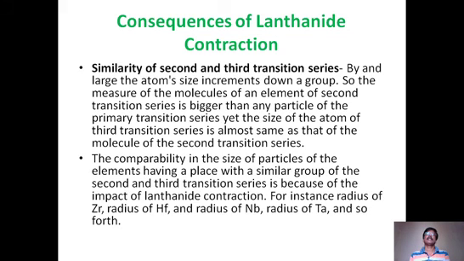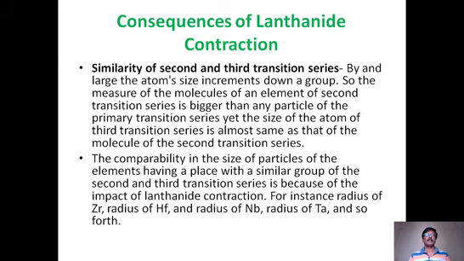In the 4d and 5d series, f block elements start: lanthanides come with 4d and actinides with 5d. So in 3d there is no lanthanide or any f block elements. Due to the presence of f block elements in the 4d and 5d series, the atomic size is decreasing from left to right.